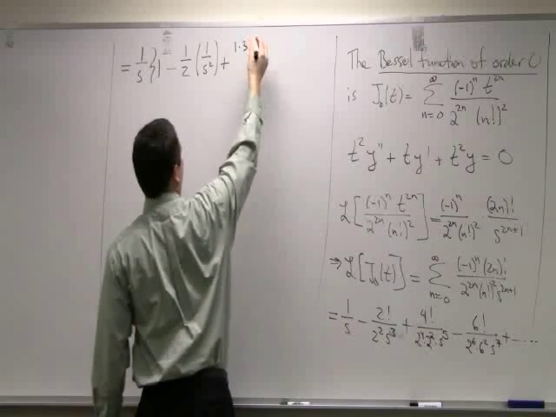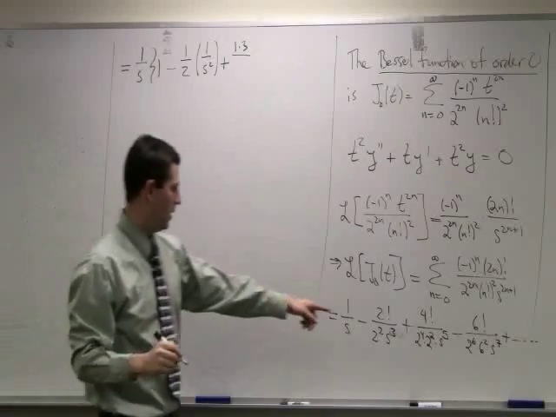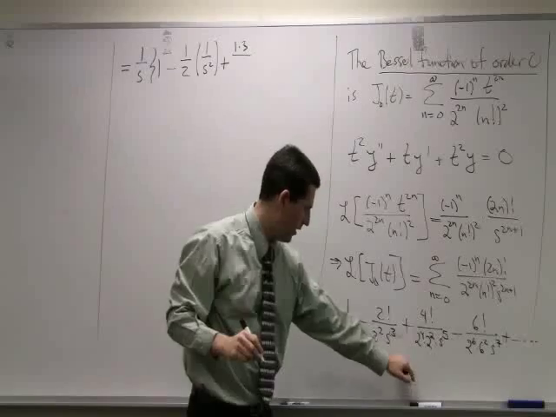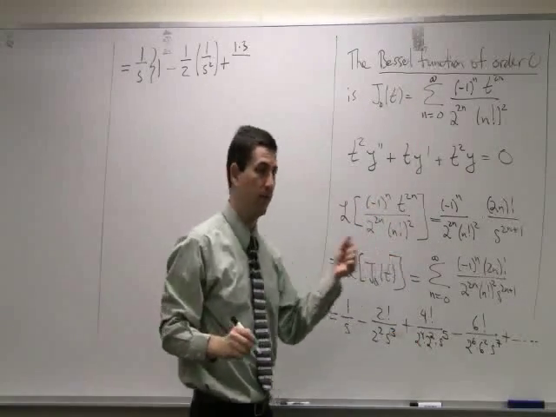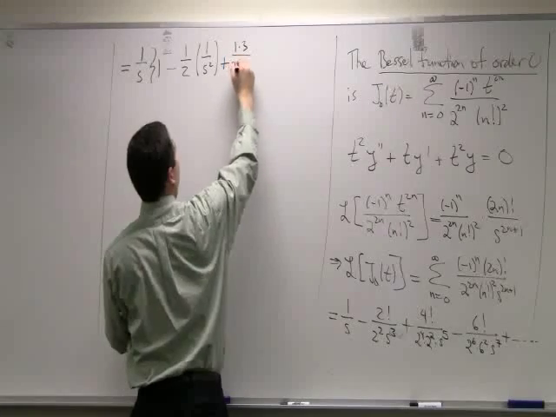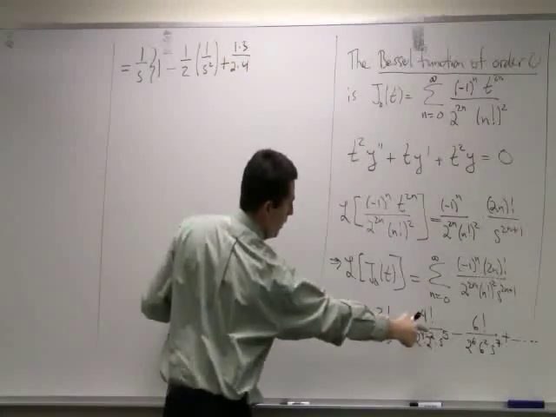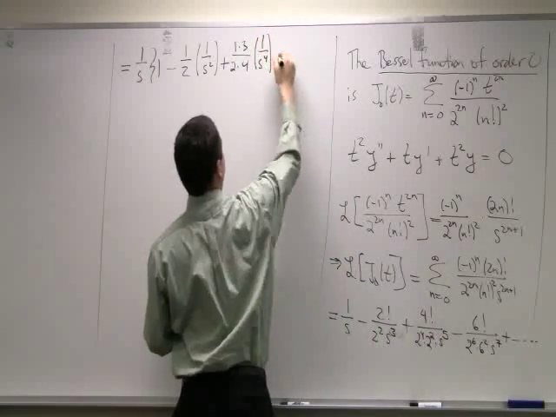Of course, multiplying by 1 doesn't do anything, but it's there anyway. Now, what do I have left on the bottom? Well, I killed those 2 squareds, and I killed one of those 2's, right? So I have 2 cubed left. And I'm going to write it as 2 times 4. I can do that. And then I pulled out one of these s's, so I have 1 over s to the 4th.